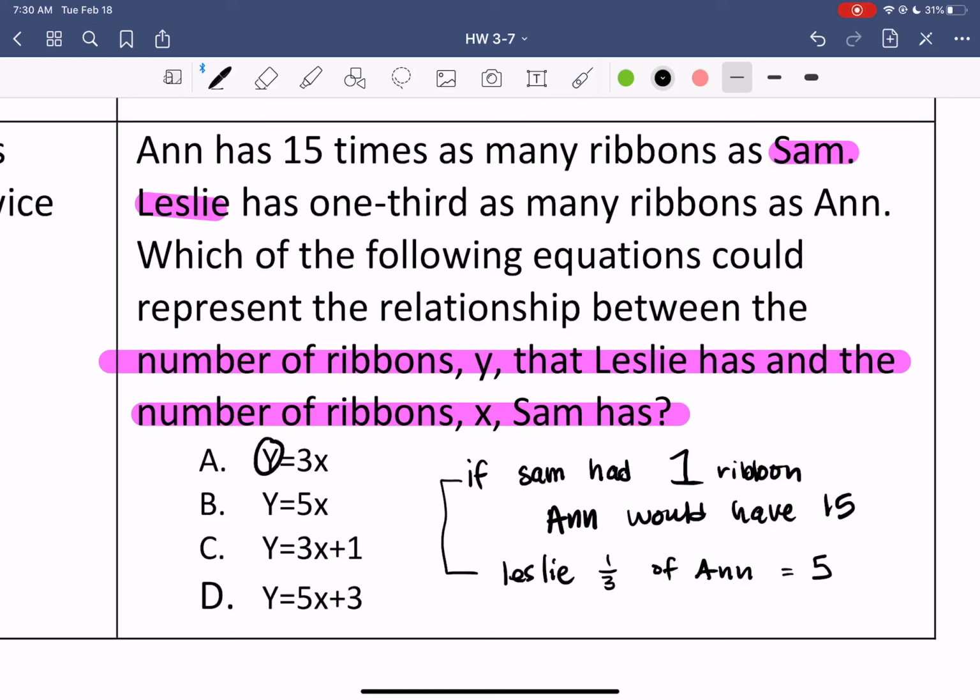So this y is representing Leslie's, and then the x is the amount that Sam has. So if you look at the amount that I put here, and then Leslie's ribbons will be, to get from 1 to 5, how do I get from Leslie to Sam?